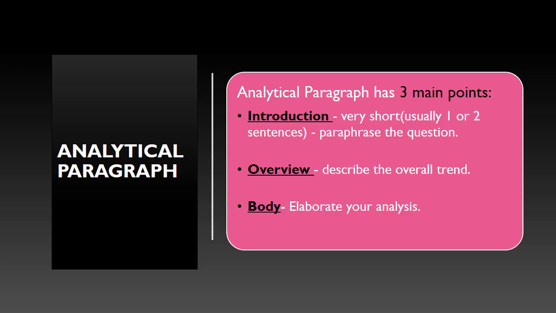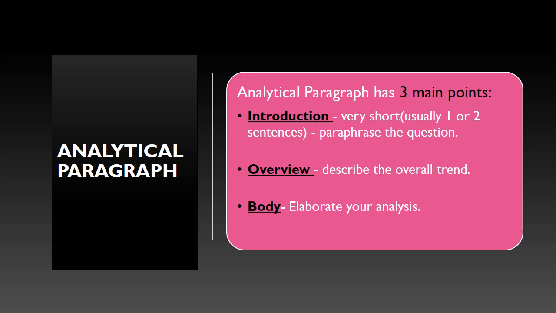Now students, how to write an analytical paragraph? Analytical paragraph has 3 main parts. Number 1 is introduction. In introduction, usually we write 1 or 2 sentences. Introduction has to be very short. And here you have to paraphrase the information which is provided in the question.